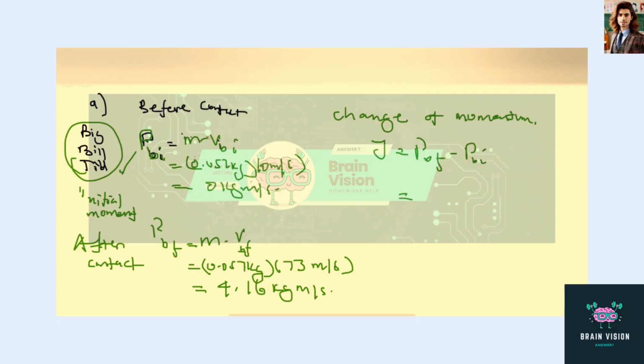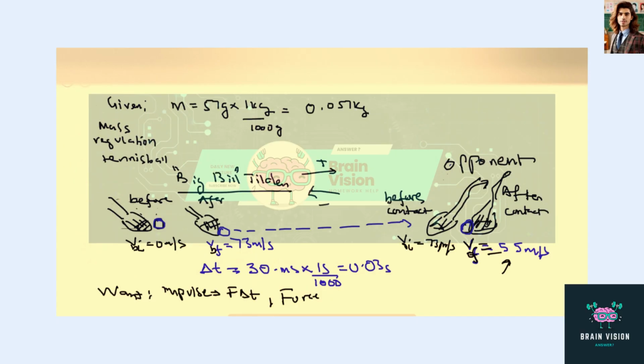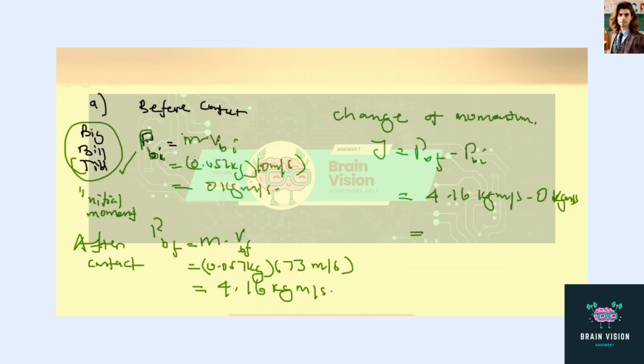And this is the final momentum, 4.16 kilogram meters per second, minus the initial momentum, 0 kilogram meters per second. If you can recall, when we go back, we wanted to find the force and the impulse, but in this case we're going to see the connection between momentum and impulse.